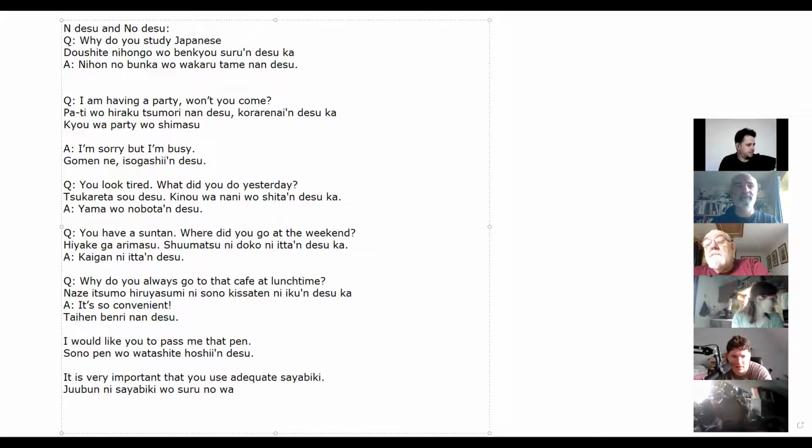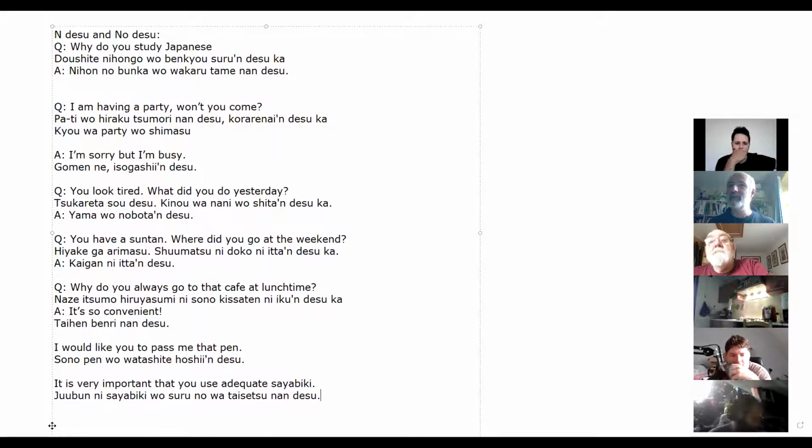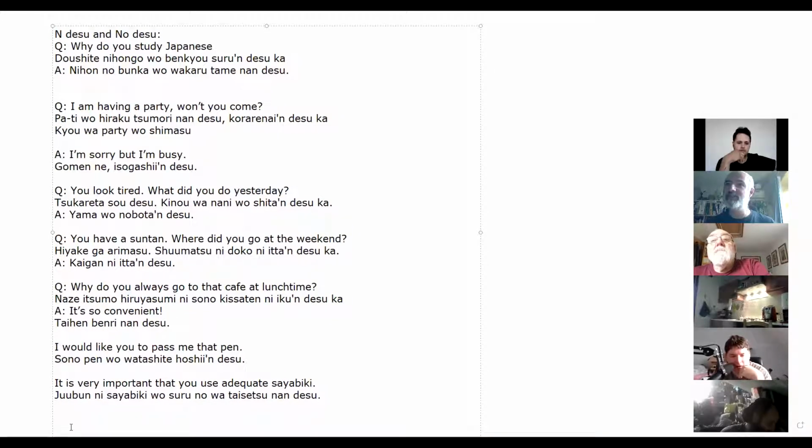Taisetsu na n desu. Very good. Yes, it's an adjective, taisetsu na n desu, which means not simply it is important that you use adequate saibiki. If you're leading the seminar, this means what? Please do it. Exactly. It means do it, guys. Okay, is it a little bit easier to understand now, guys? How this is actually used.